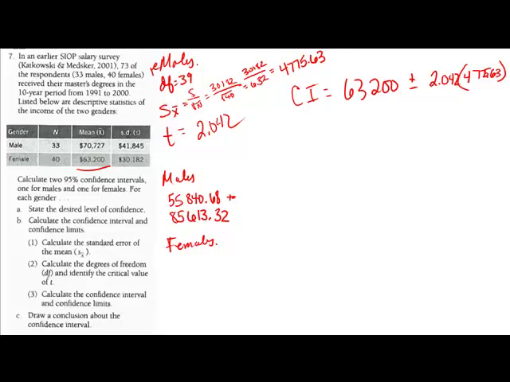So I'm going to multiply that out: 2.042 times 4775.63. That's my standard error. That gives $9,751.84 by rounding.